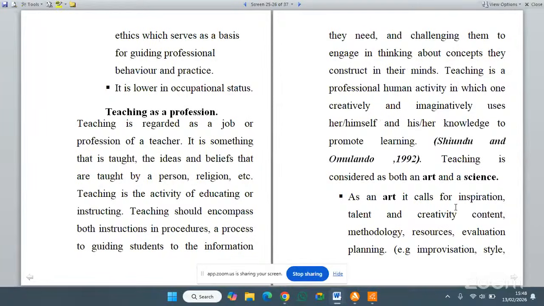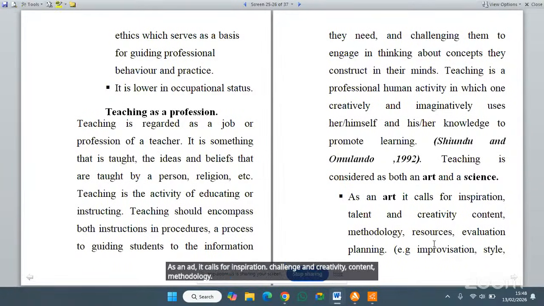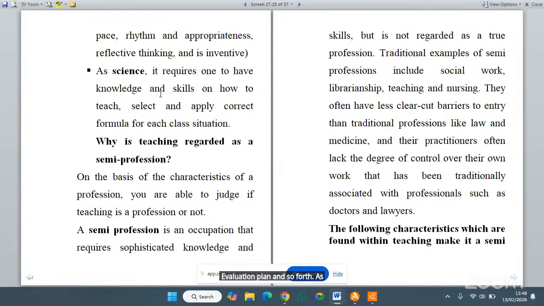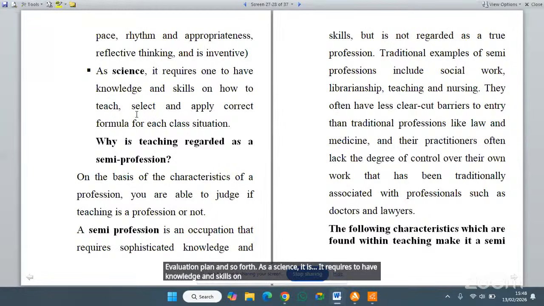As an art, it calls for inspiration, talent, and creativity, content, methodology, resources, evaluation, planning, and so forth. As a science, it requires knowledge and skills on how to teach, select, and apply the correct formula for each class situation.